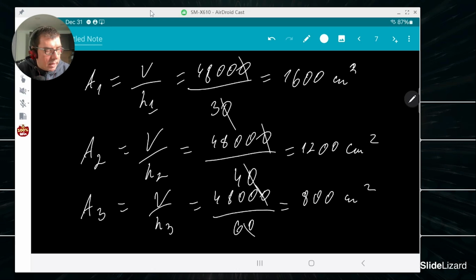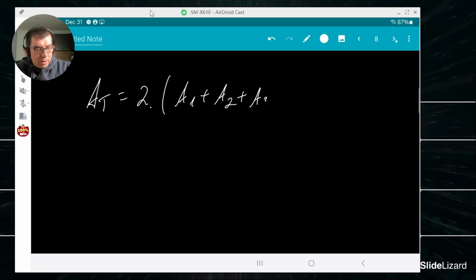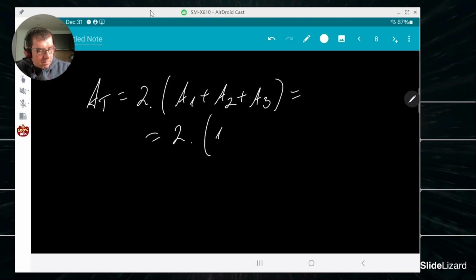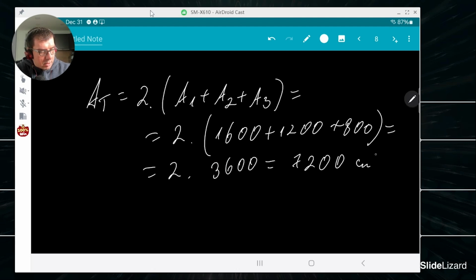So the total area in centimeters squared will be 2 times A1 plus A2 plus A3, which is simply 2 times 1600 plus 1200 plus 800. So 2 times 28 plus 8, 36, which is 7200 centimeters squared.